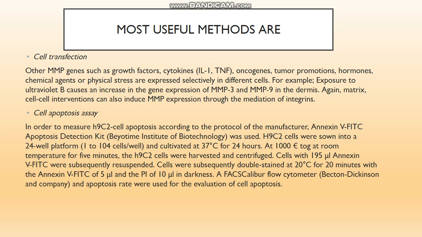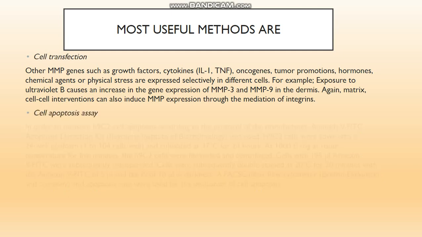For 5 minutes, the H9C2 cells were harvested and centrifuged, and cells were subsequently double stained for 20 minutes at 20 degrees with annexin V 5 microliters and PI 10 microliters in the darkness. A flow cytometer was used, and the apoptosis rate was used for the evaluation of the cell apoptosis.